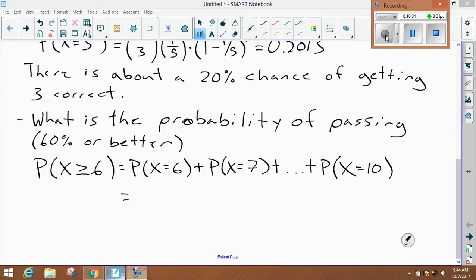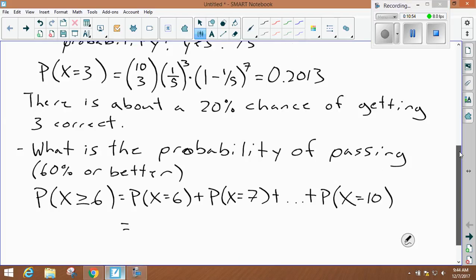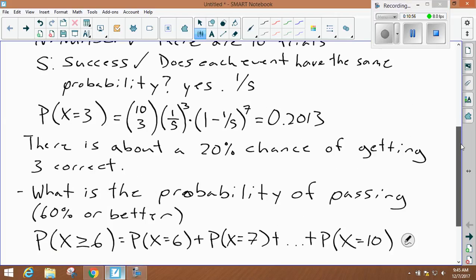So, to answer this question correctly on the AP exam, you have two options, okay? You can actually put in the calculation, but this is a lot, right? 6, 7, and I guess I just skipped 8 and 9, right? That's going to be a lot of calculations to show, because you have to do this for each of them.